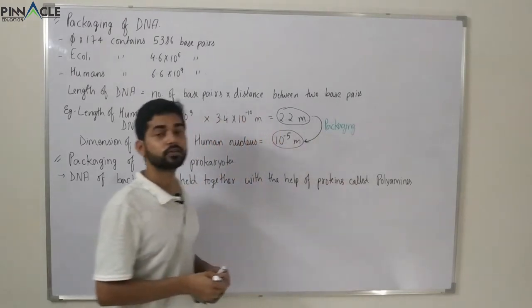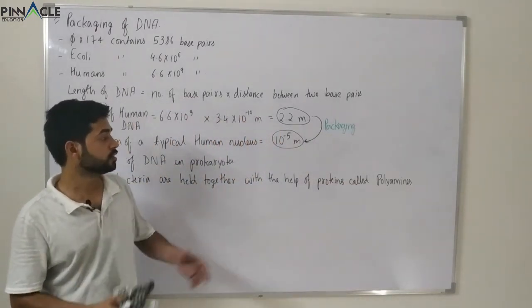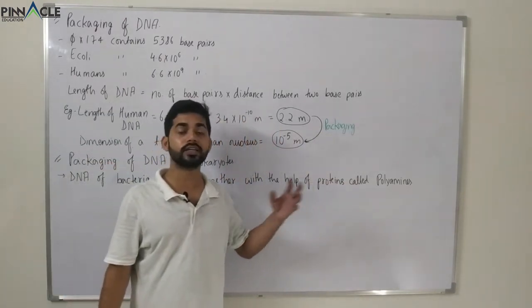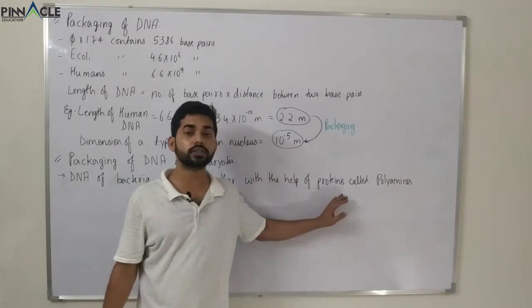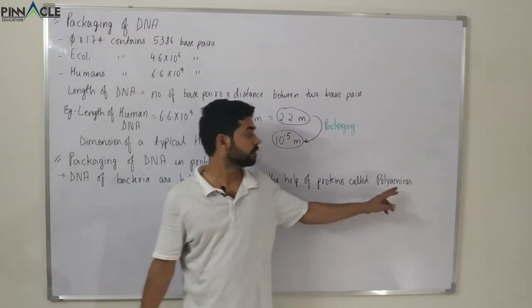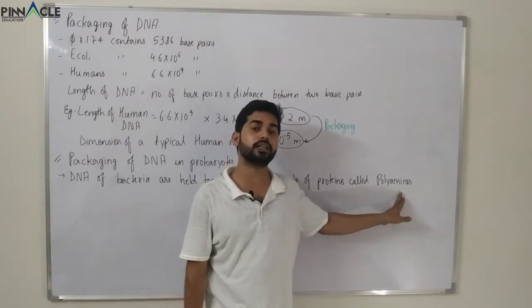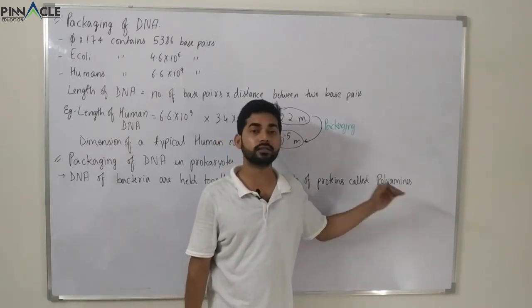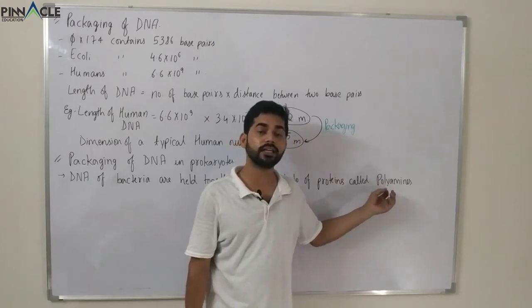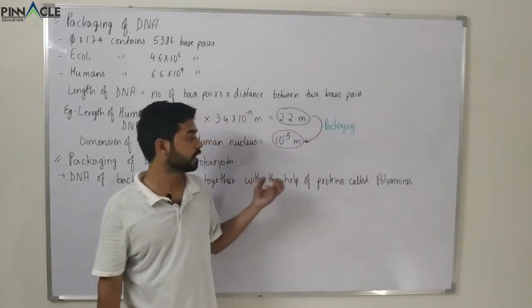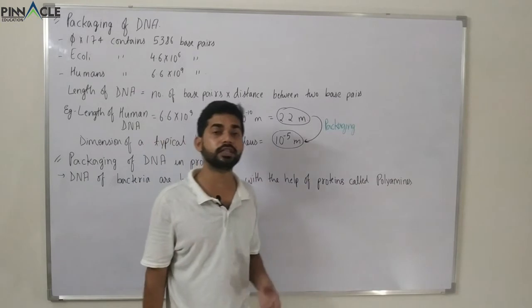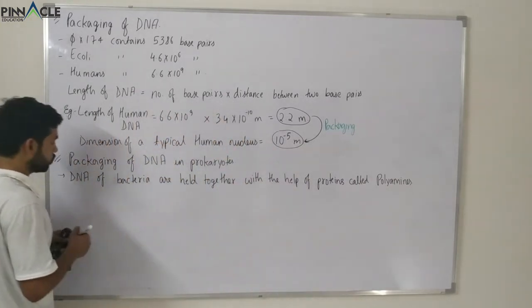In humans, those proteins are called histones. Here histones are absent, but in place of histones there are proteins called polyamines, and it is these polyamines which help in the packaging of DNA in bacteria, and that composite structure is known as nucleoid or prochromosome.